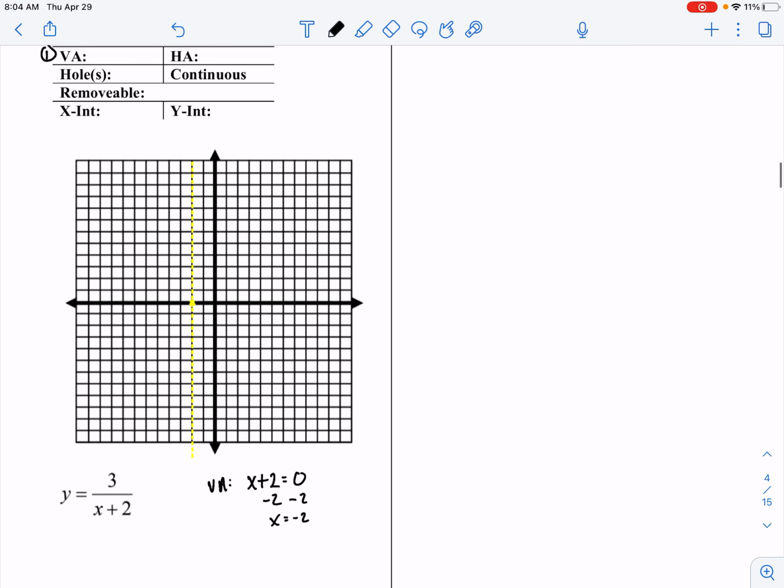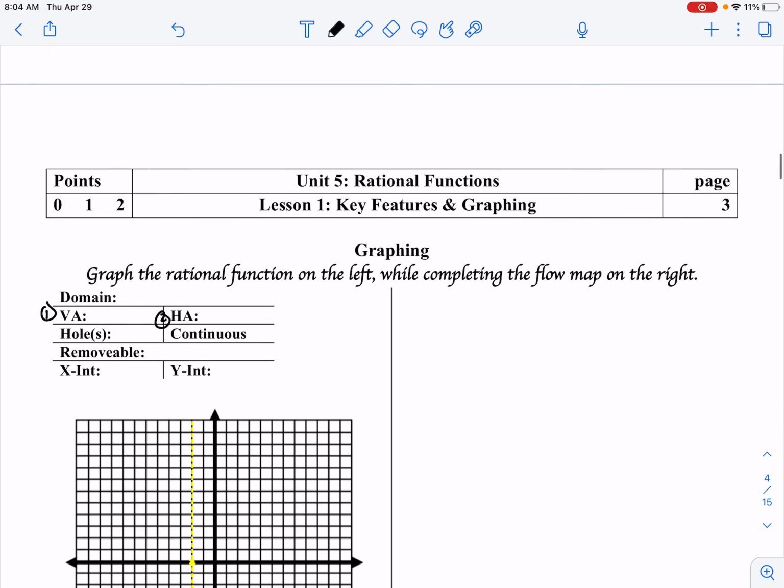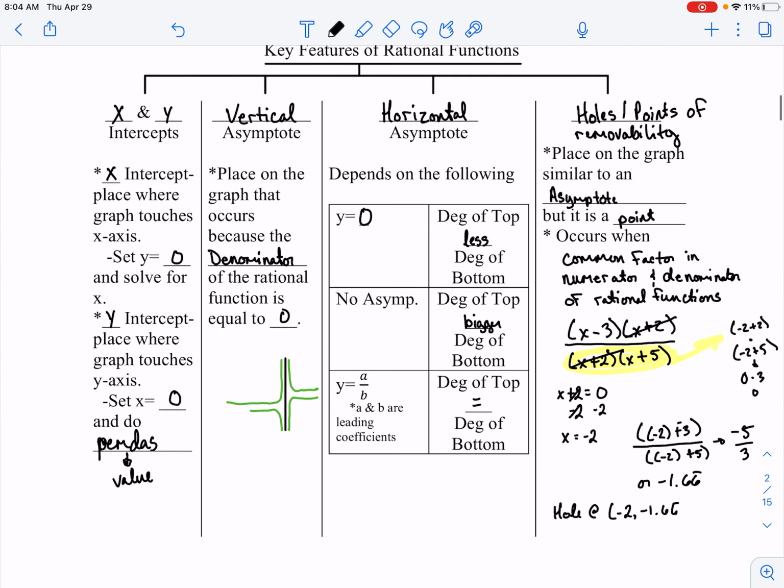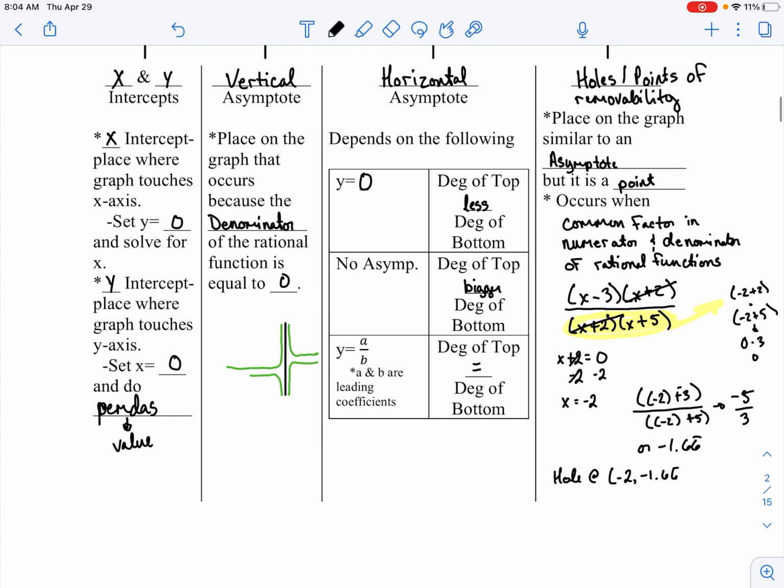After I do that, I like to do my horizontal asymptotes. Remember, a horizontal asymptote is the same thing as a vertical one, besides it's a horizontal line versus a vertical line. And I use one of these three rules. Y is either going to be equal to 0, it's not going to have an asymptote, or y equals a over b, where a and b are your leading coefficients.